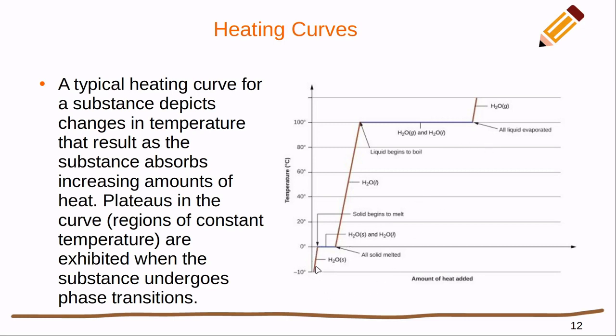So every time you start a problem, you need to know, okay, what are the phase transitions that are going to occur between these two temperatures? What would be my enthalpy values that I need to know for those, whether the enthalpy of fusion or the enthalpy of vaporization or the enthalpy of sublimation? And then you need to know the various specific heat capacities, right? And the specific heat capacities aren't the same.